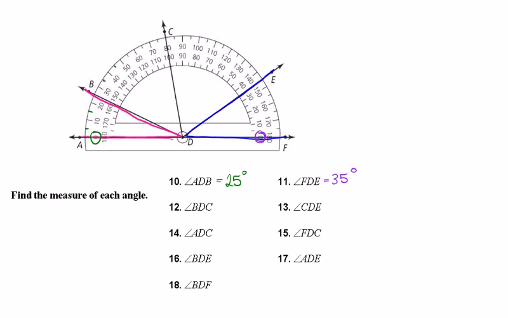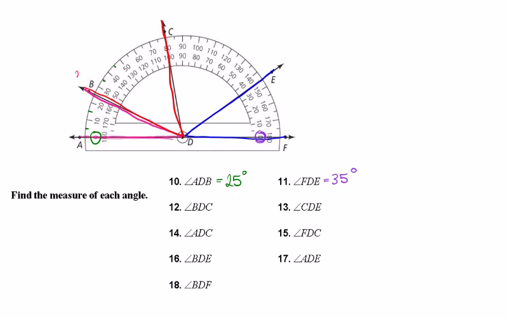All right, so number 12, BDC. So now we're measuring an angle that doesn't start at 0, right? So I could go either way. I could use the outer group of numbers, or I could use the inner group of numbers, right? I'll use the outer since I'm starting at B. So remember, B is at 25, so I'm going to do 25.